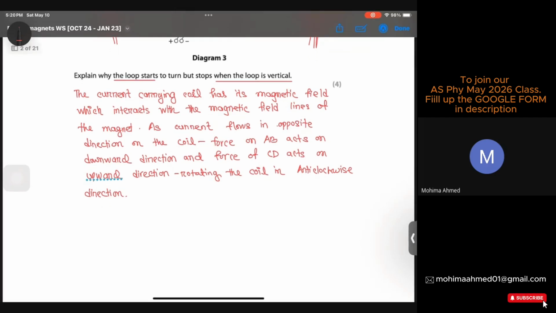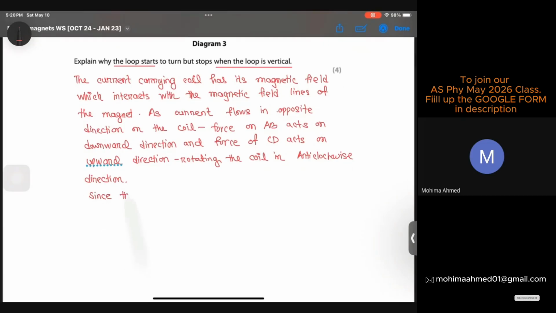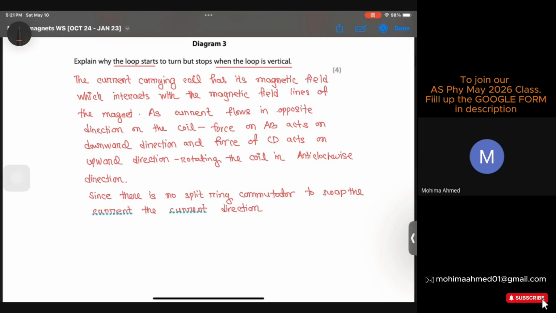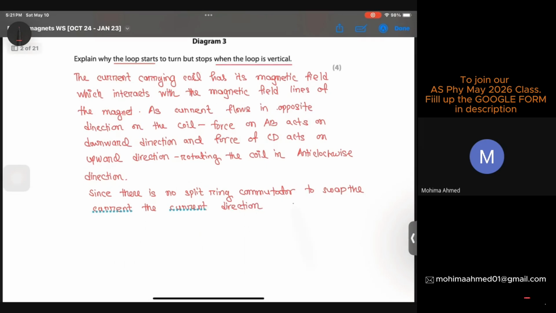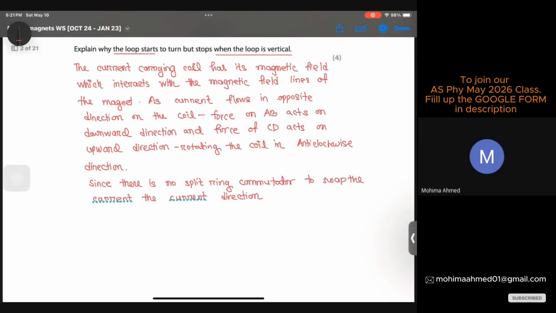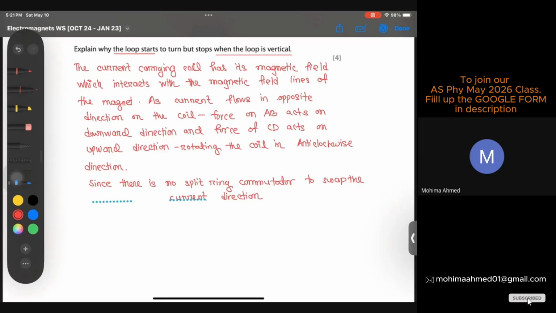We'll see that there is no split ring commutator to swap the current directly.